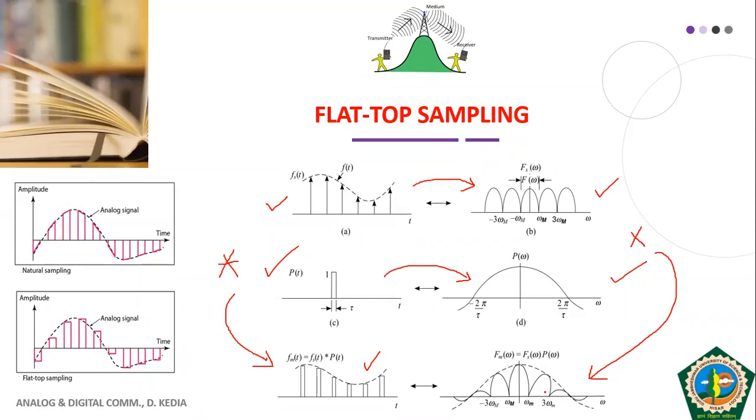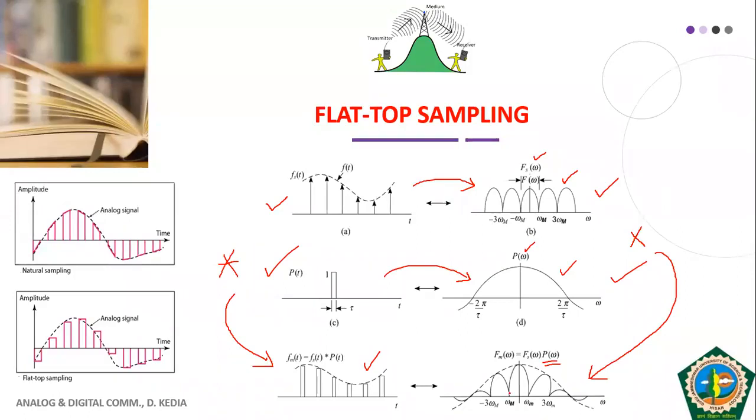And now you can see here that because of this flat top pulse, once we multiply these two, this was our original signal and this is our pulse representation in frequency domain. If you multiply them, this is what you get, and you can see that there is a distortion. So we are multiplying F_s(ω) and P(ω), and you can call this P(ω) as the distortion part, which is inherent in the flat top sampling that has been deliberately introduced.